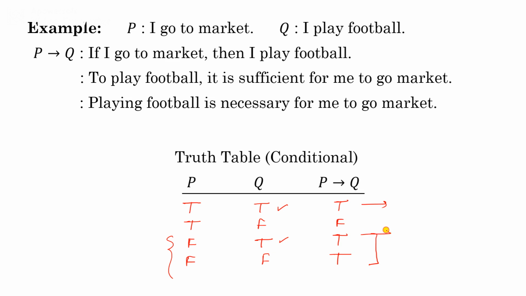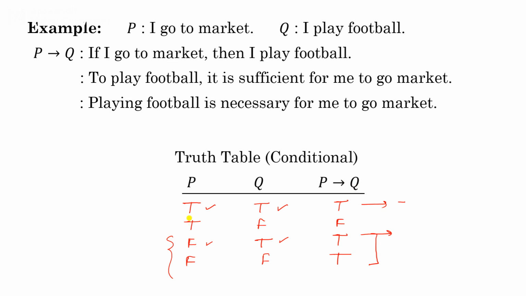It means in these two cases, this one and this one, we are not going to check the value of P. Look at this: here P is true, but here it is false. It means whenever the conclusion is true, as I told you, P is a sufficient condition. It may be true, it may be false, but whenever the conclusion is true, P implies Q will be true.